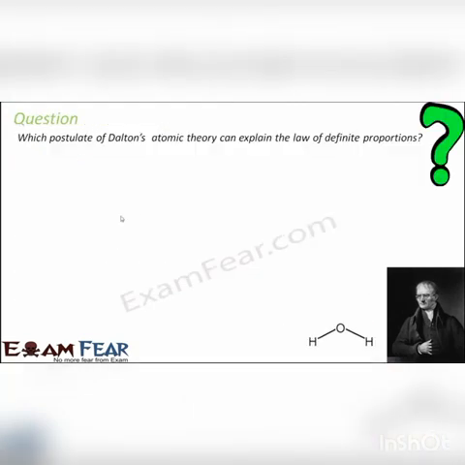The next question: which postulate of Dalton's atomic theory explains the law of definite proportion? We have told you that the sixth postulate, that is, the relative number and the kind of atoms are constant in a given compound, explains the law of definite proportion.